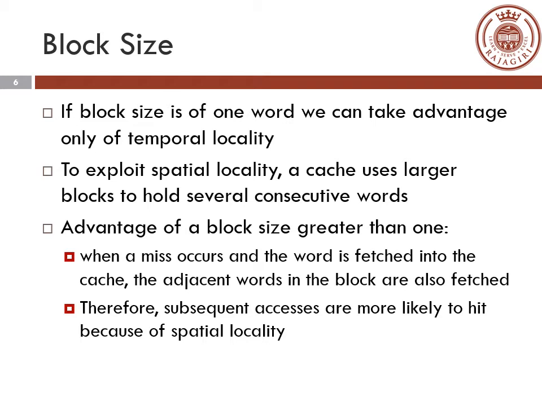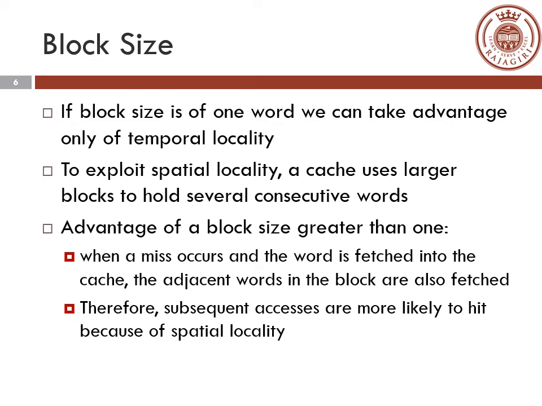So what is the advantage of block size greater than 1? If a miss happens, what you are going to do is take the word from the memory and load it into the cache. If the block size is more than 1, along with the word you will be taking a block of words, or n number of words, from the memory.